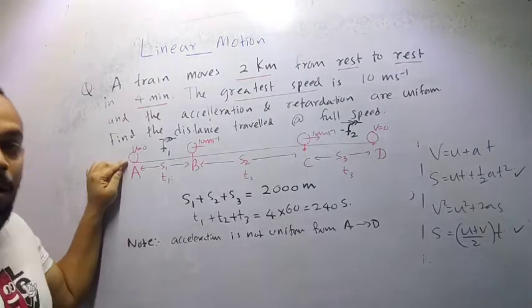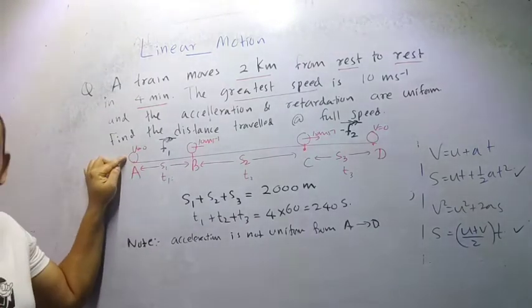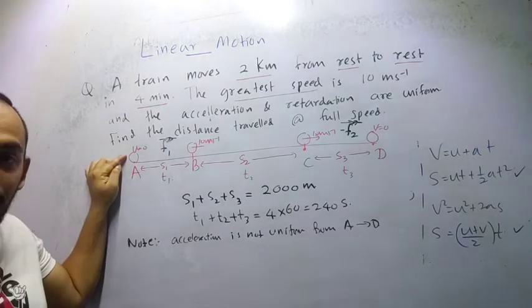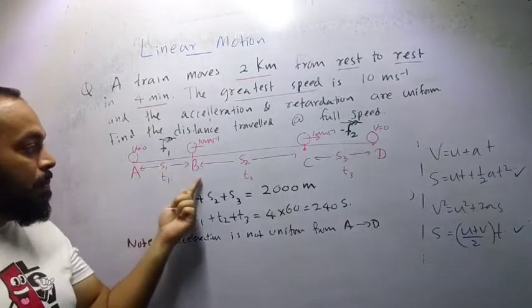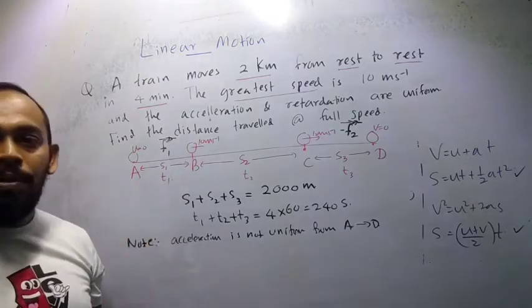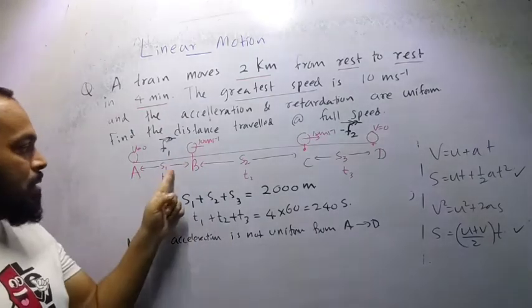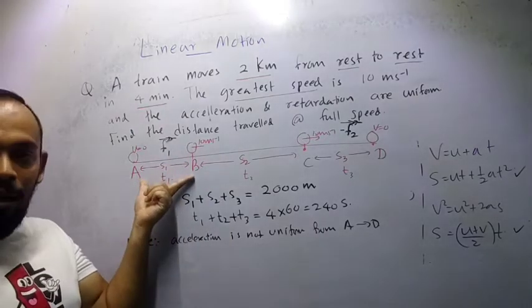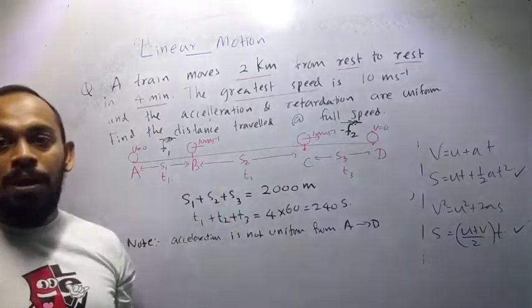We know the starting velocity: it starts from rest, so zero velocity, and the final velocity is 10 meters per second. We also know U and V. We don't know S1 and T1 individually, but we know the total displacement and total time.